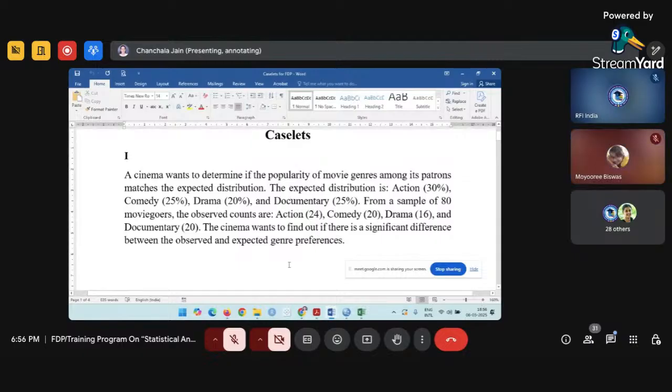Please spend a few seconds reading this particular situation and then tell me which test you can apply. I think someone said chi-square, and I heard ANOVA.